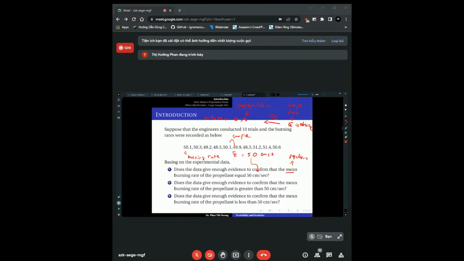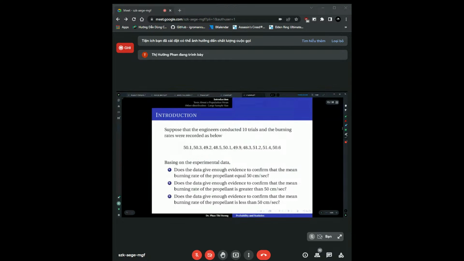So now return to our problem. To know whether the mean burning rate of the propellant equals 50 centimeters, or is less than or greater than 50 centimeters, the engineers conduct the experiment and have the sample data.